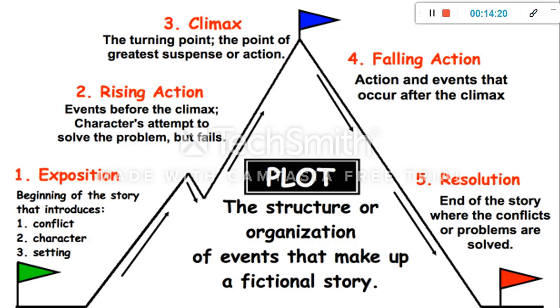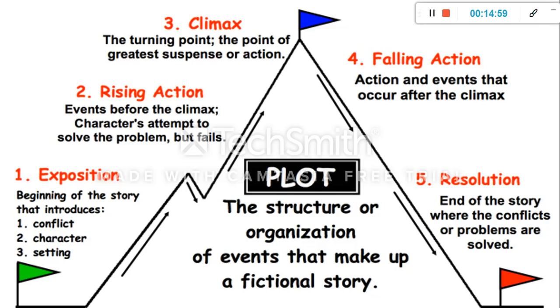But in the falling action, which follows the climax, there is a hint that the problems are gradually being solved, or the intensity of the conflict is reduced, or the conflict is about to be solved. Finally, we have the resolution, the end of the story, where the conflicts or problems are solved.